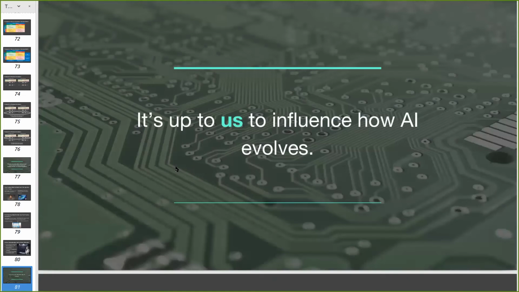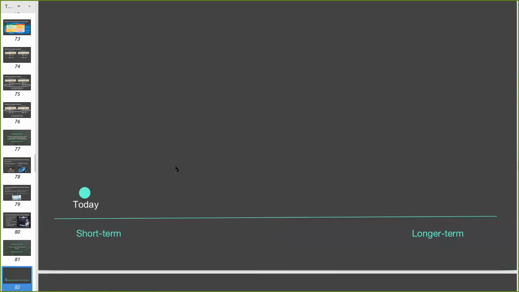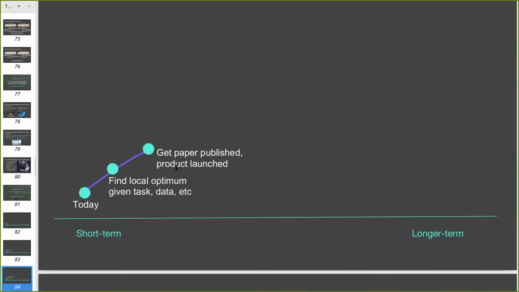It is up to us to influence how AI evolves. So let's say, what are the short-term and long-term goals if you're working in ML? Maybe right now you are working on a task, you have collected your data, and you're trying to train your model to give some good performance. And let's say you have done some research and you have come up with a new finding.